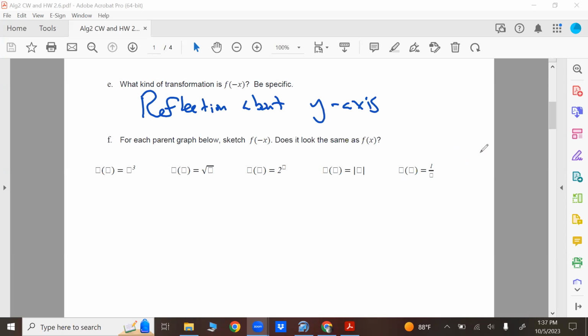Okay. So here's what we're going to do. We're going to do f of negative x. Let's do the parent functions first. Then right below, I'm going to write this.